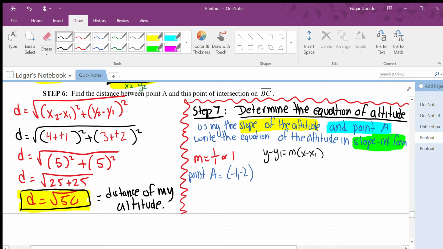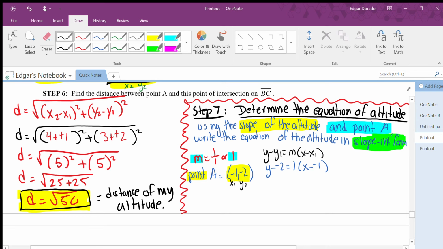All right, I have a slope. It's right here. My slope is 1. I have a point. It's right here: -1, -2. In other words, that is my x1, y1. So let's plug it in. Let's see, what do we get? We get y minus a -2 equals 1 parentheses x minus a -1.